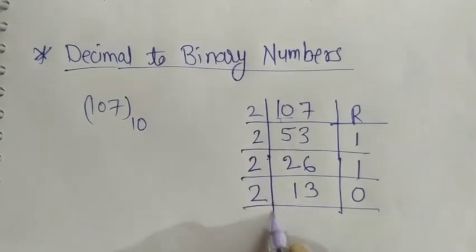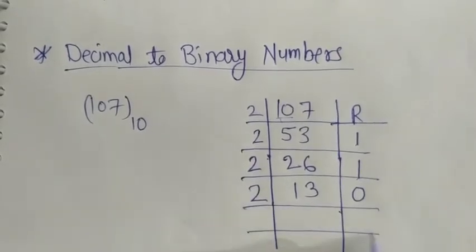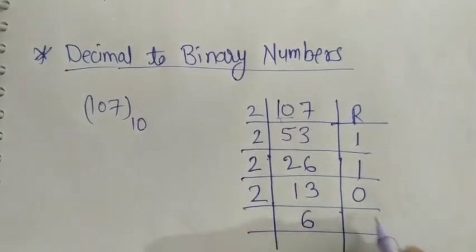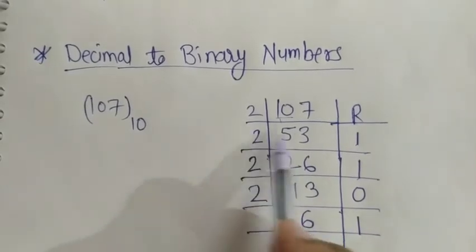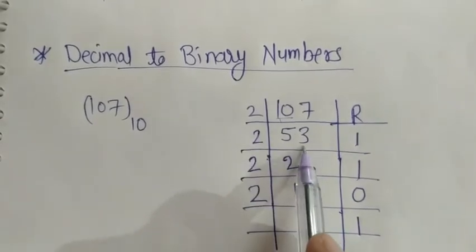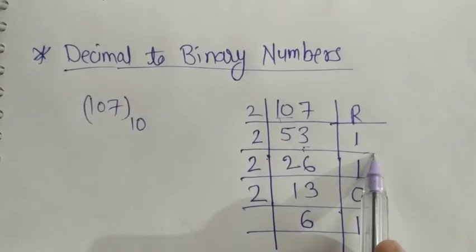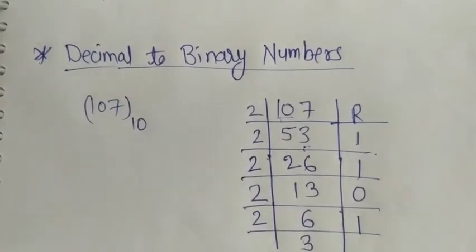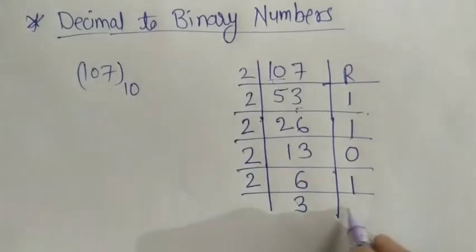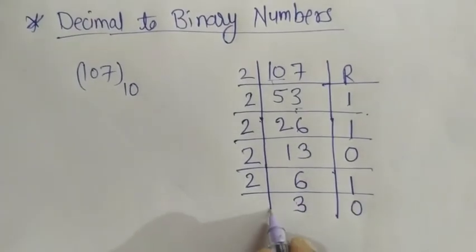Dividing by 2, the quotient is 6 and the remainder is 1. Just simply divide by 2, write the quotient here and the remainder on this side. Again dividing by 2, I get 3 and the remainder is 0.